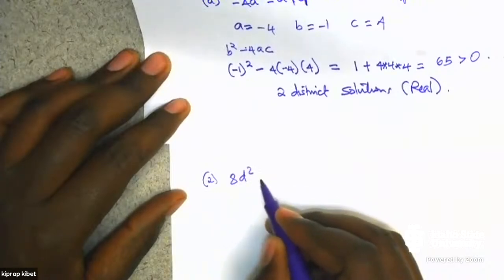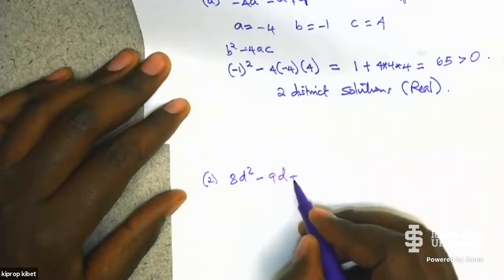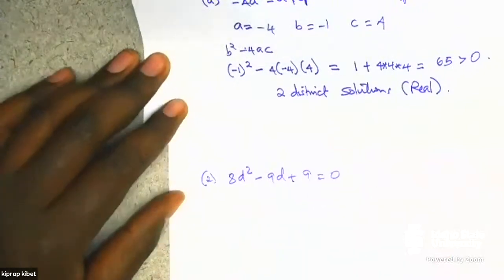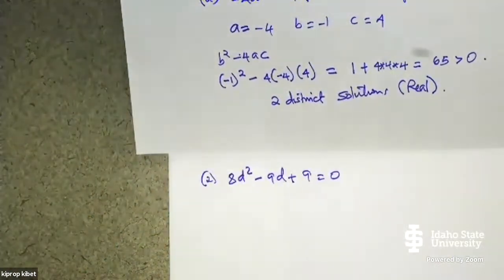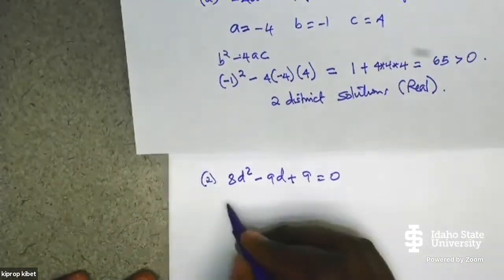8b squared minus 9b plus 9 equals 0. Use the discriminant to find the number of solutions there. So what is our a here?